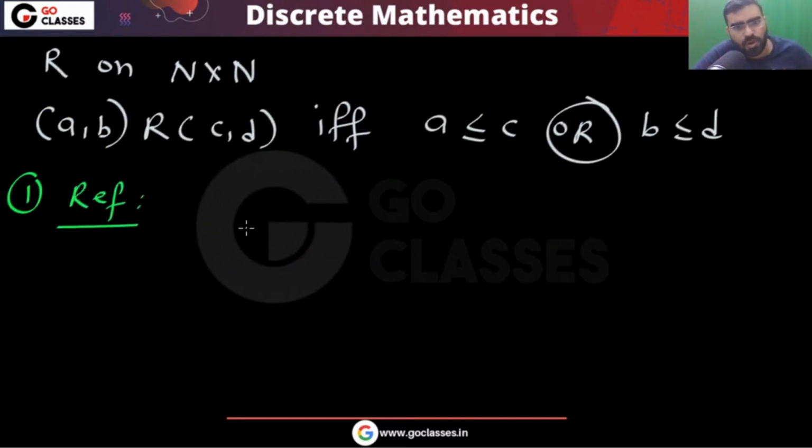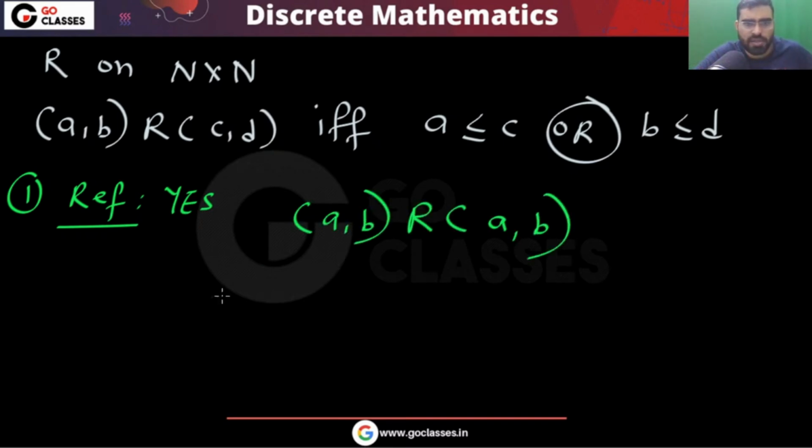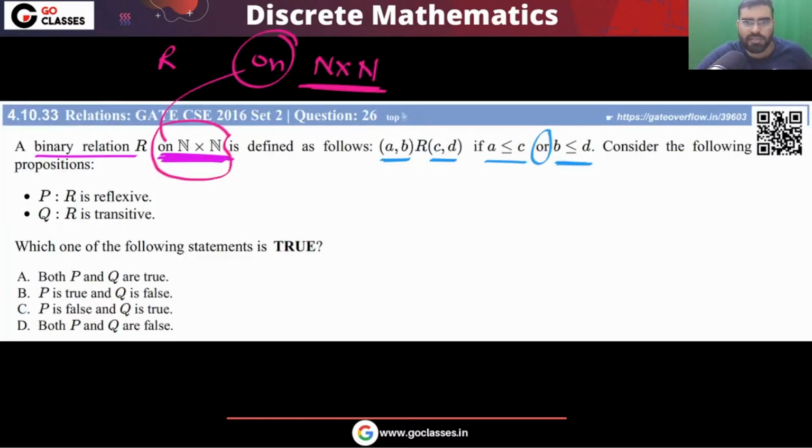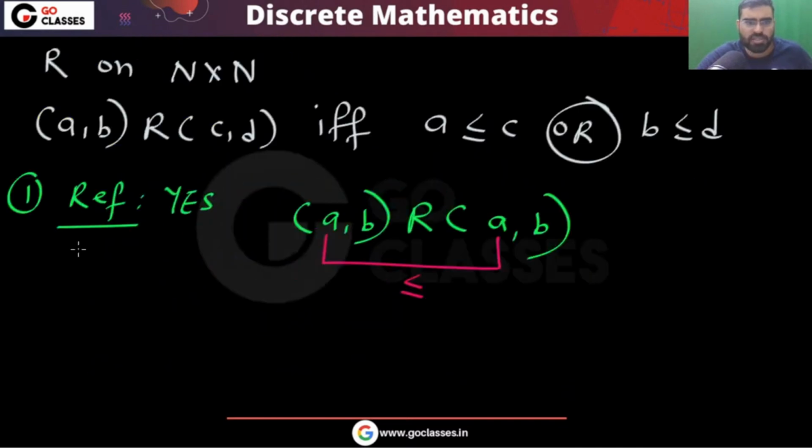Of course, the reflexive property will be satisfied, because (a, b) is definitely related to (a, b). You can easily see it is related because this is less than or equal to this. So this is reflexive.